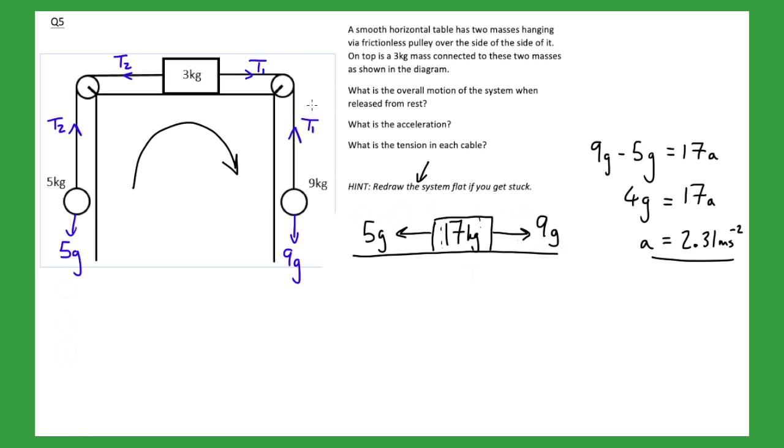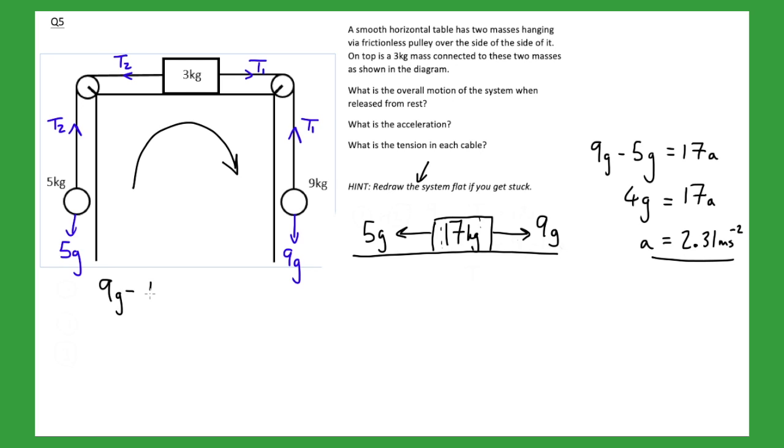Remember these are inextensible. So what goes on here is translated here, and what goes on here is translated here. The only thing is the tension in them will be different. But remember, thinking back to the start of our work with connected particles, what happens to one happens to the other. Now, let's find the tensions. Let's just focus on this particle here, the 9 kilogram particle.